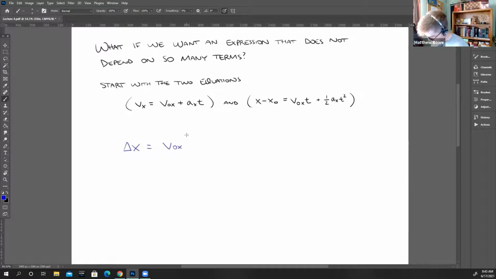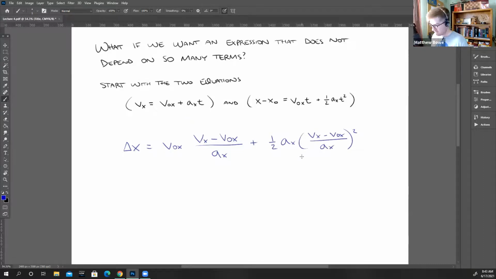So we're solving for t right here and plugging it in over there.